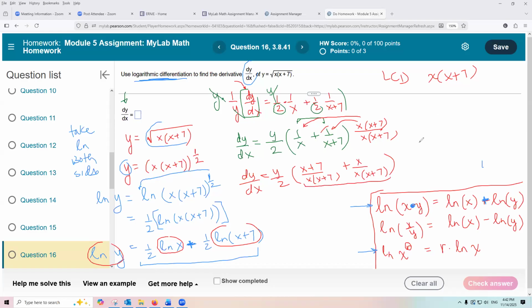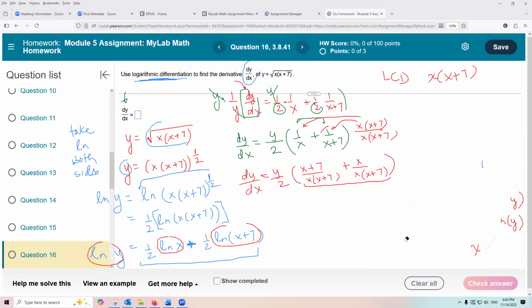So that's going to get me dy dx. Let me erase some more of this stuff down here for a little more space. All right, dy dx is y over 2, and I'm adding the tops. It's going to be (2x plus 7) over x times (x plus 7).